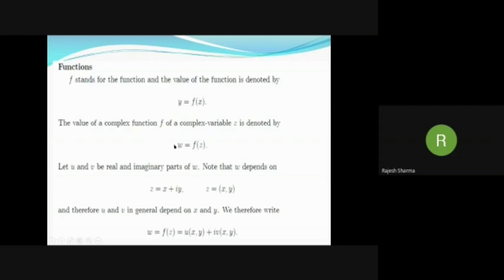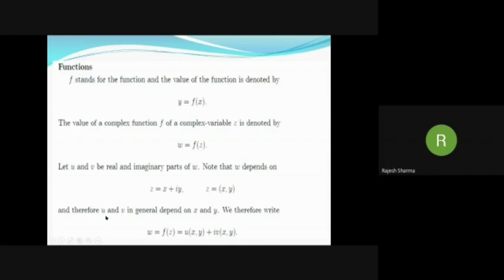In case of complex, we have this notation w equals f(z). z is complex and w is also complex. Since w is complex, it has real part u and imaginary part v. Now w depends on z and z depends on x and y.